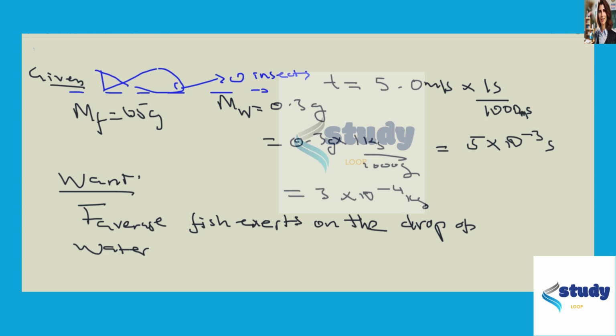It expels a drop. The other thing we need to remember is that the velocity of the water is 2.5 meters per second. It expels 0.3 grams, and that takes about 5 times 10 to the negative 3 seconds. So in the next page, we want to find this average force, which we call F average.